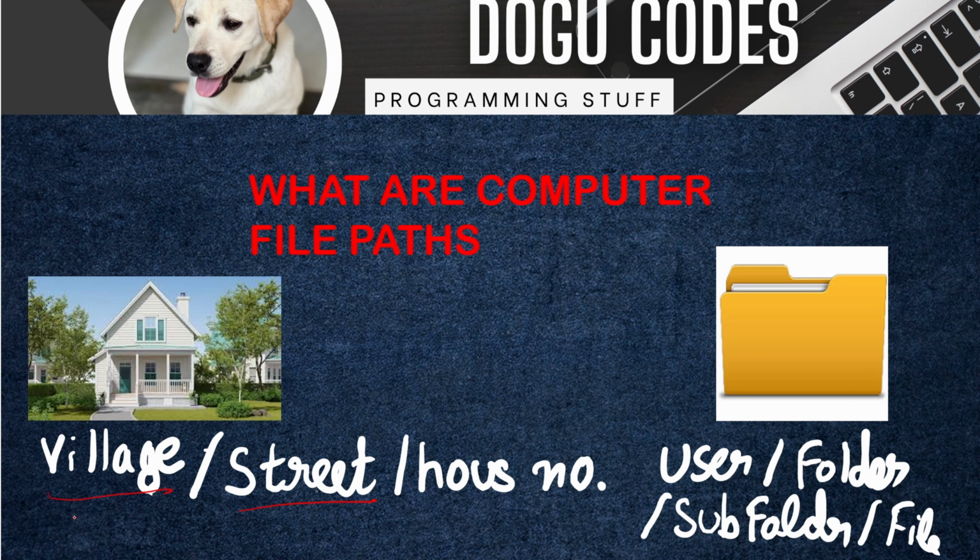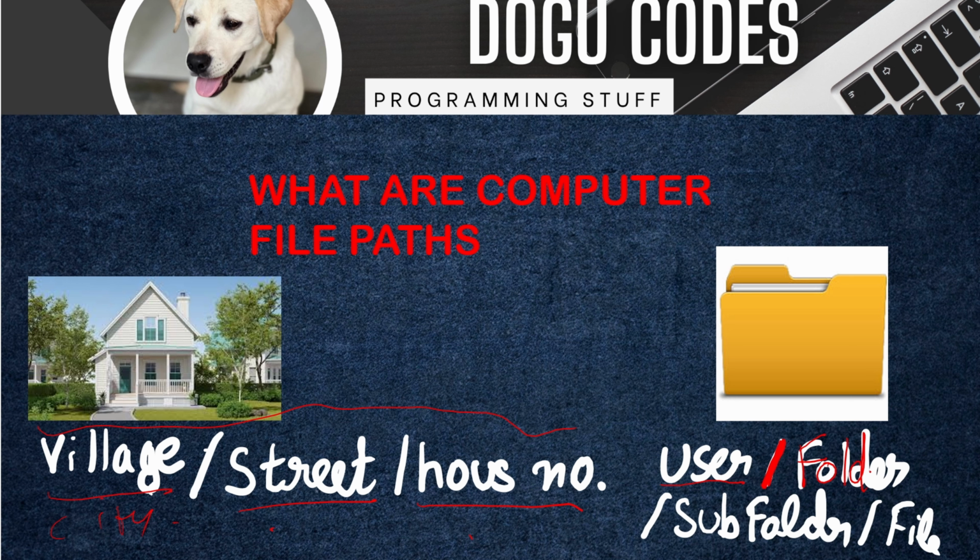Like in the address of our house, it has the street name, village name, and the house number. Similarly, computer file paths are like addresses to different folders. It looks like username, then the folder name, then the subfolder name, and then the file name. This tells the computer where the file is located that we need to look at.